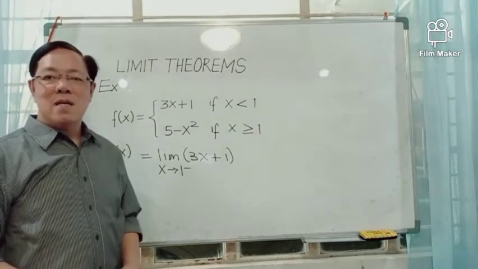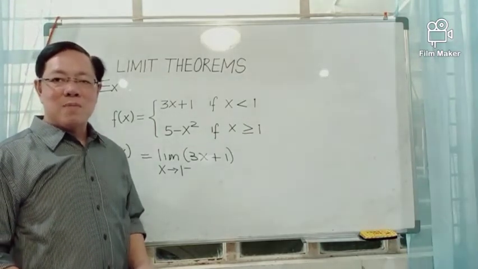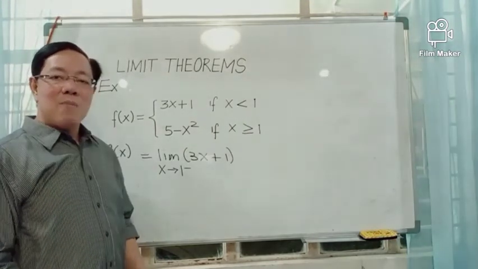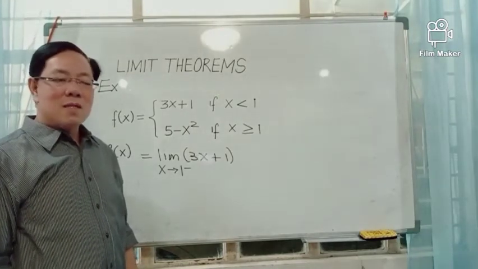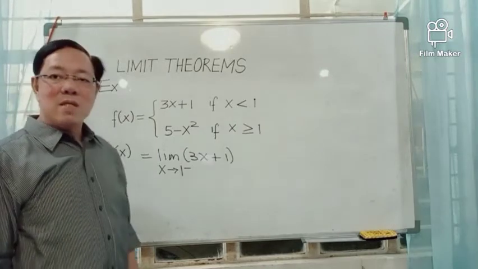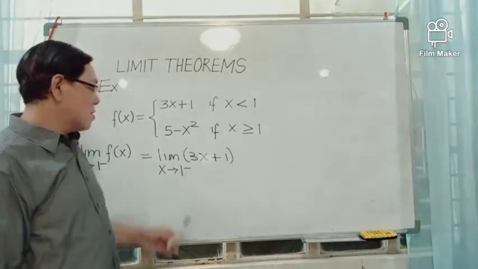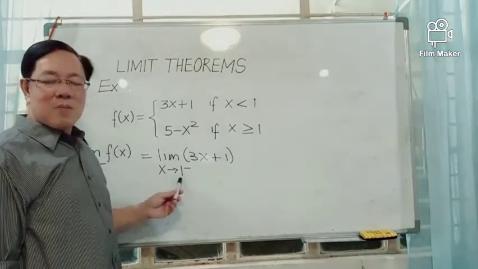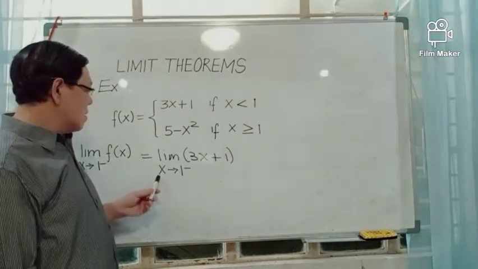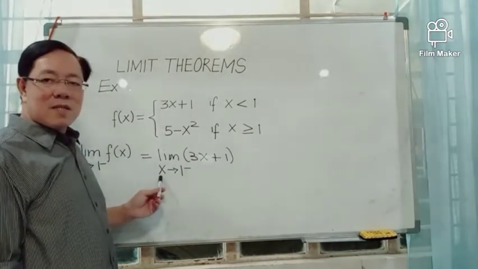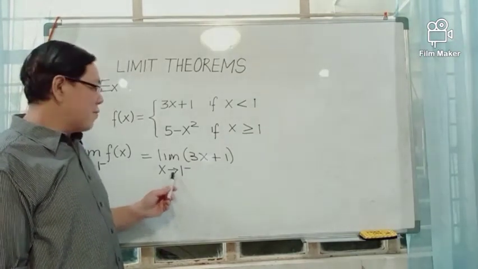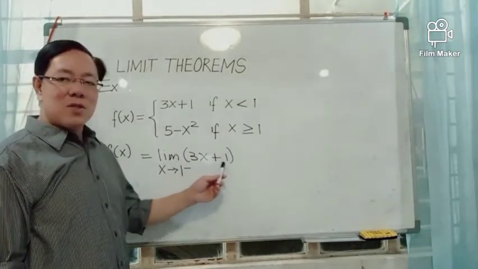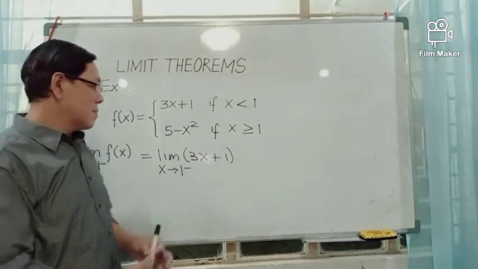We have not taken the other limit theorems, but if you are evaluating the limit of a polynomial function, it is similar to evaluating that polynomial function at a specific value of x. For instance, in this example, x approaches 1, we simply substitute 1 for x in this function 3x plus 1.